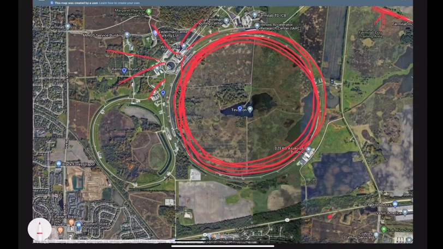If you have any family members or anybody that works at Fermilab, you might know that they've discovered new particles that weren't known before. It's a super cool place.